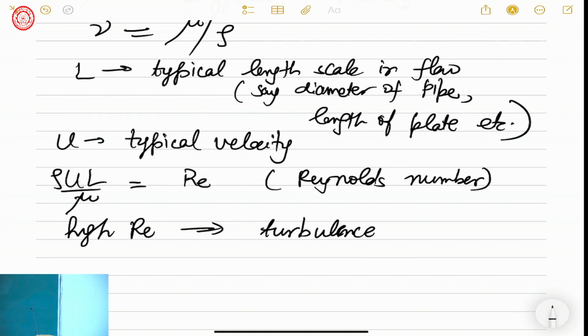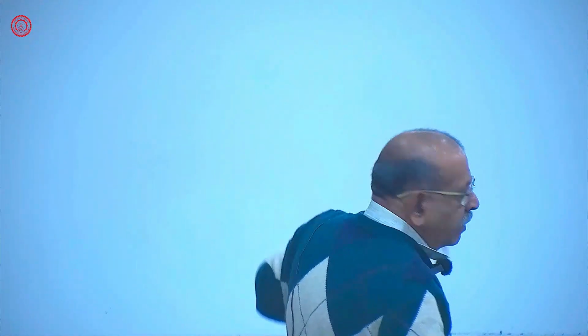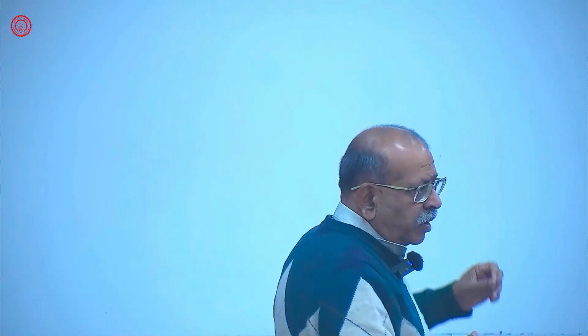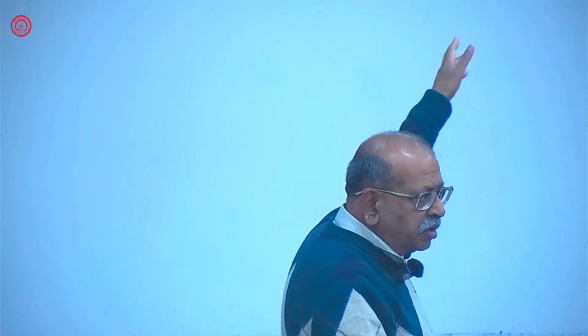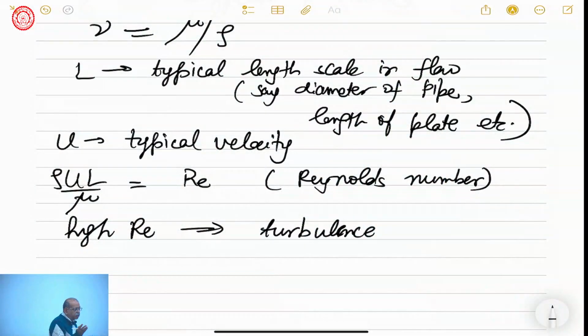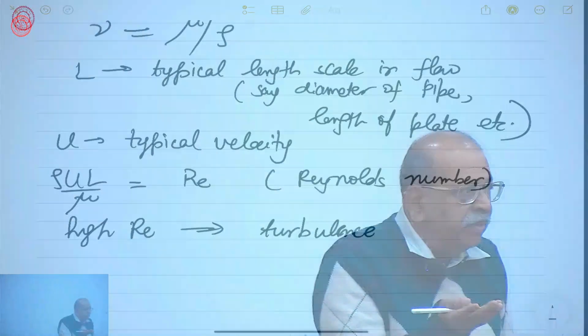When the Reynolds number is low, then the flow is laminar. Now, high Reynolds number means, if I look at it in terms of viscosity, mu will be low.